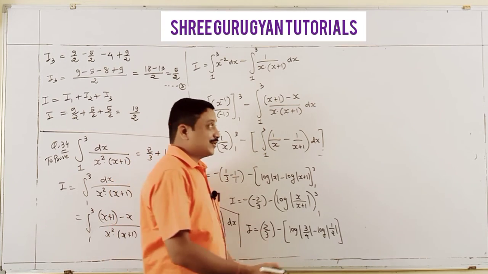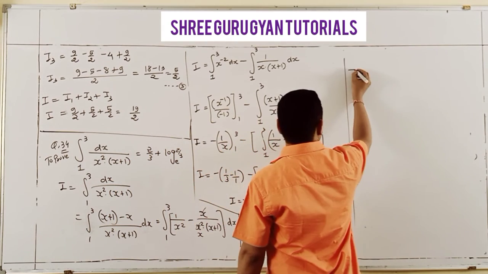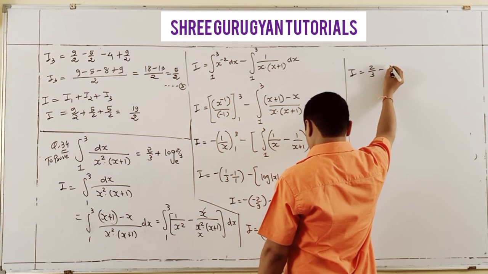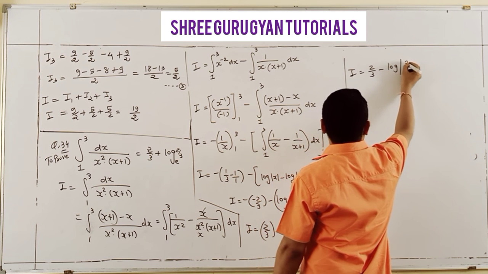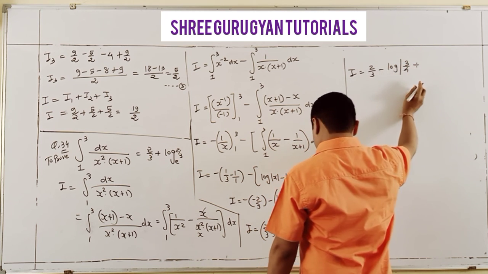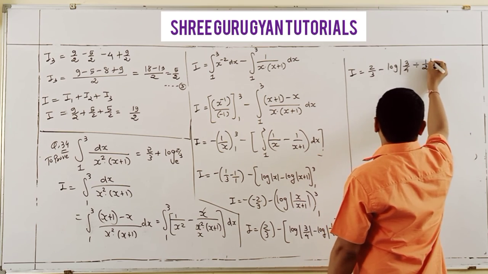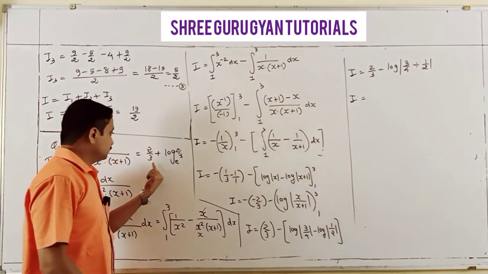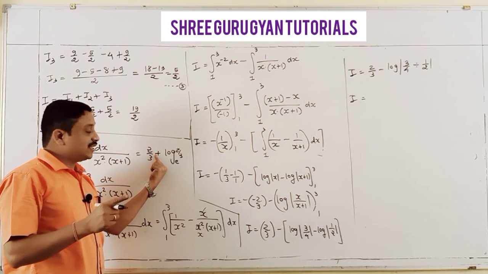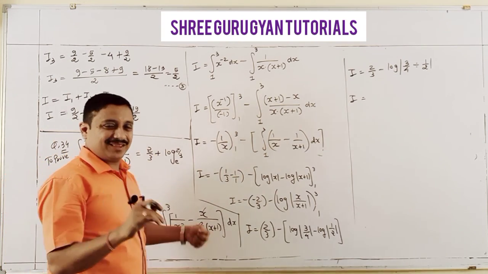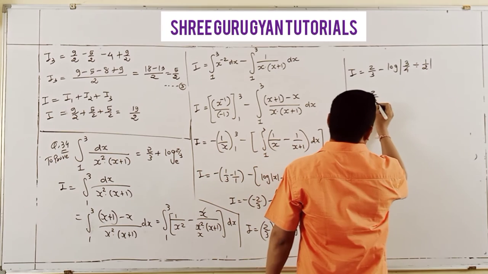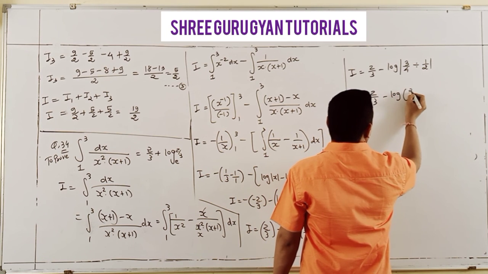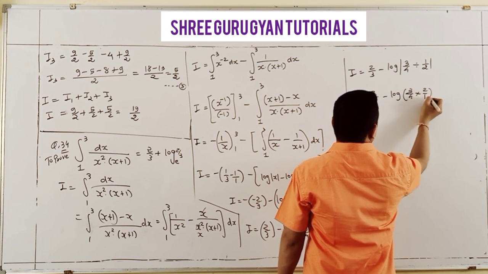It is also converted in the way of prove that 2/3 minus log 3 by 4 divided by 1 by 2. Students, I want this answer. 2/3 coming, minus not coming here, plus, don't worry, this also comes then. 2/3 log 3 by 4, 2 by 1.